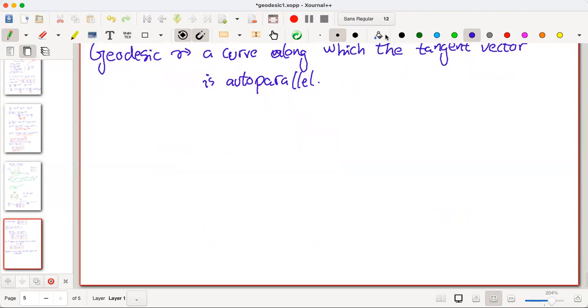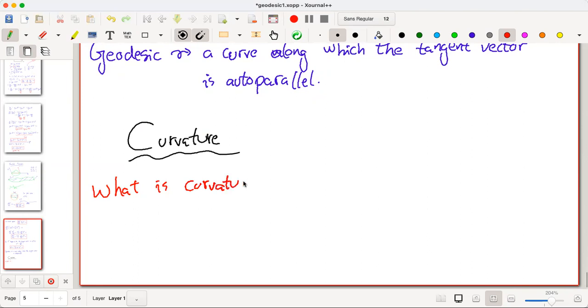Now I'm going to talk about curvature. What is curvature? Can you define curvature? Well, our definition of curvature, if you observe, is limited to our daily perception, daily observation.